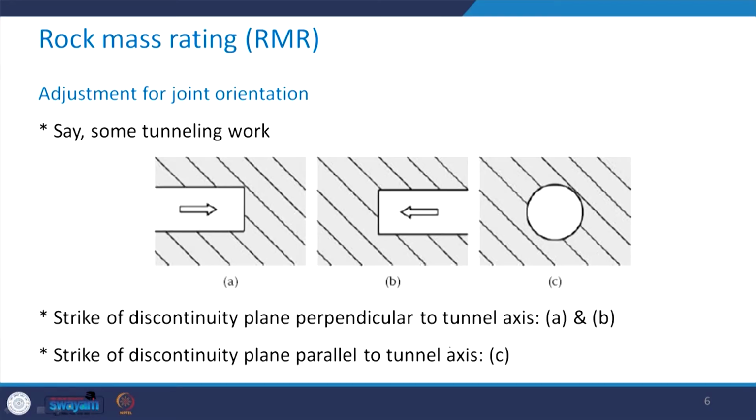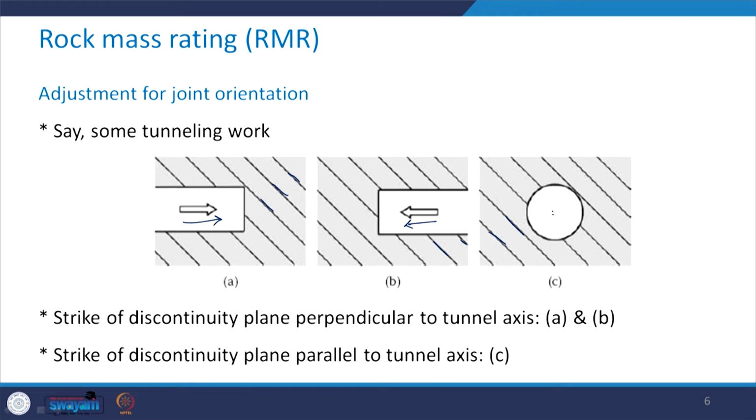For example, let us say that I take an example of the tunnel. You can see that there are 3 pictures here. In all these 3 cases, the joints are dipping in this direction. In the first case, this is the direction of the tunnel drive. In the second case, it is in the opposite direction, and in the third case, it is perpendicular to the plane of this screen.